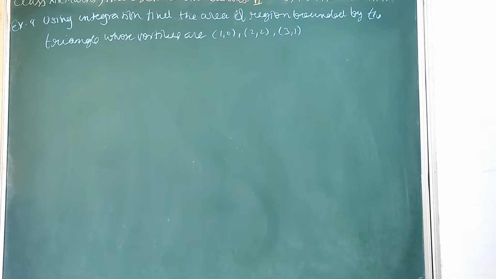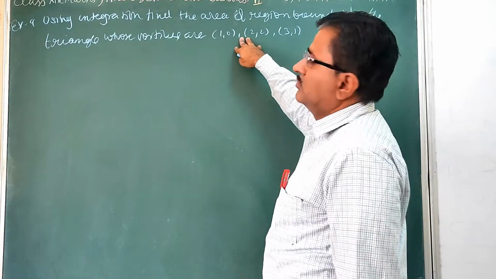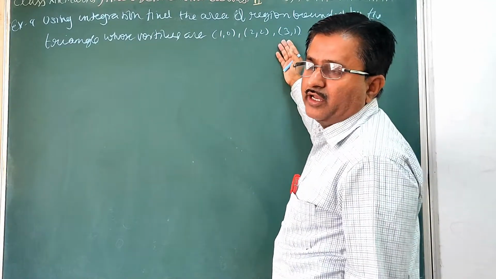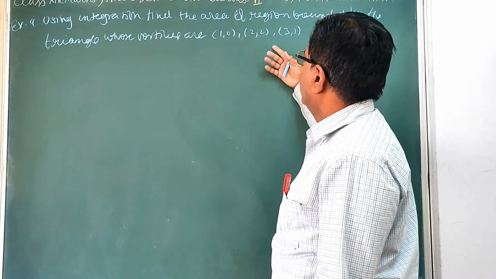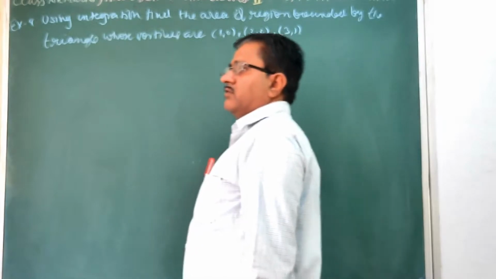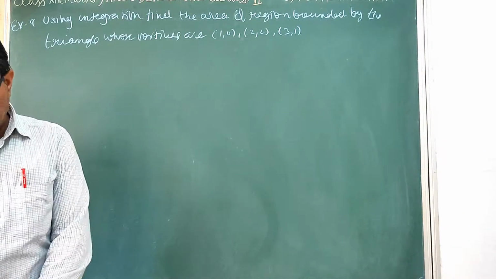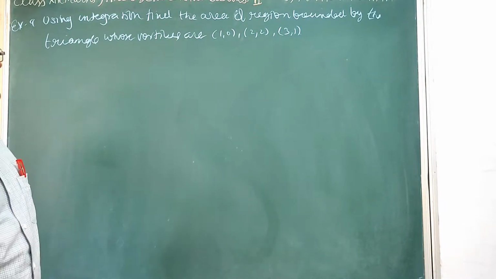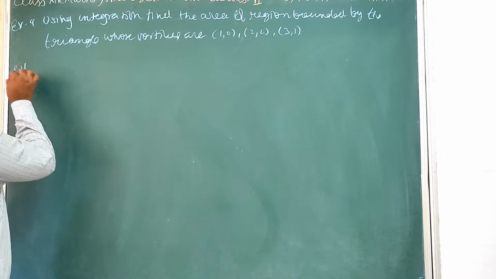So what say using integration? If it is not become using integration, you can find the area of the triangle with any method. There are so many methods, like using linear or coordinate geometry or even using formula. That's why it is called integration. So whenever area is given, we have to find the area of the triangle with the help of integration.